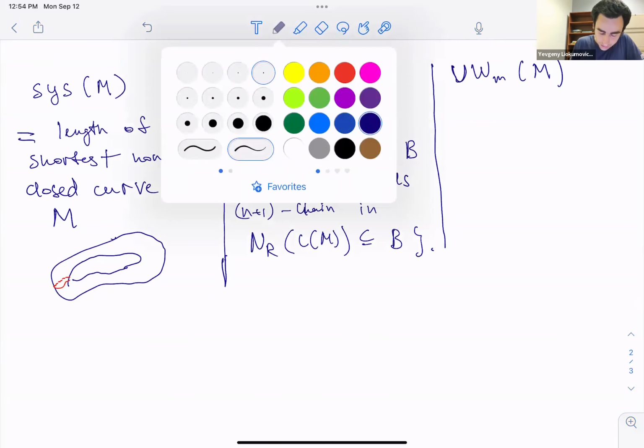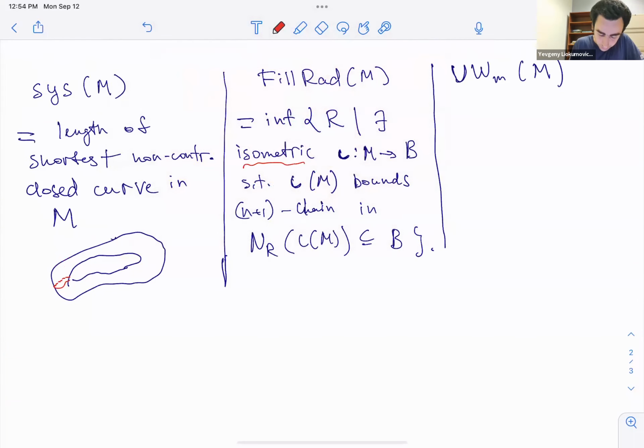And here, isometric means not in the sense of isometric when we talk about the Nash embedding theorem, but actually isometric meaning that the distance in the Riemannian metric on M and the distance in the ambient Banach space are equal.